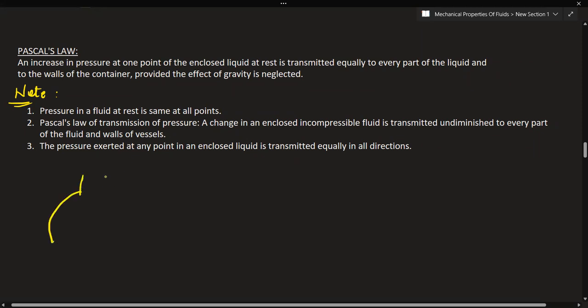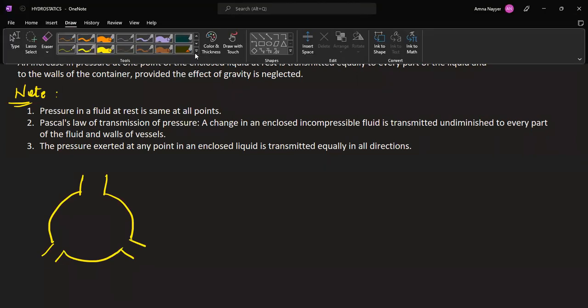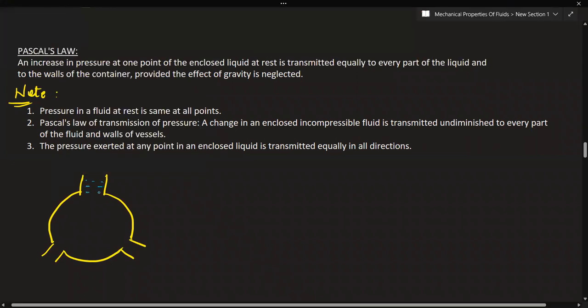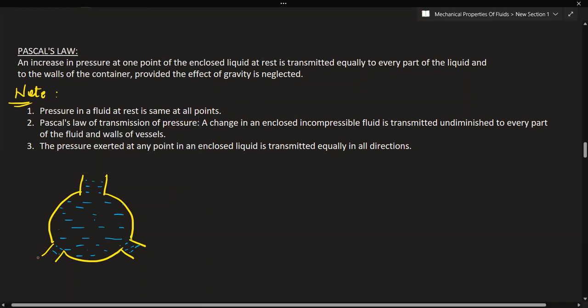I have taken this vessel. It has 3 vertical pipes protruding from the surface. Now I've filled it with the fluid. Now see, if I exert a force from here, let's say F1, these are 3 vertical pipes inserted in the spherical vessel.